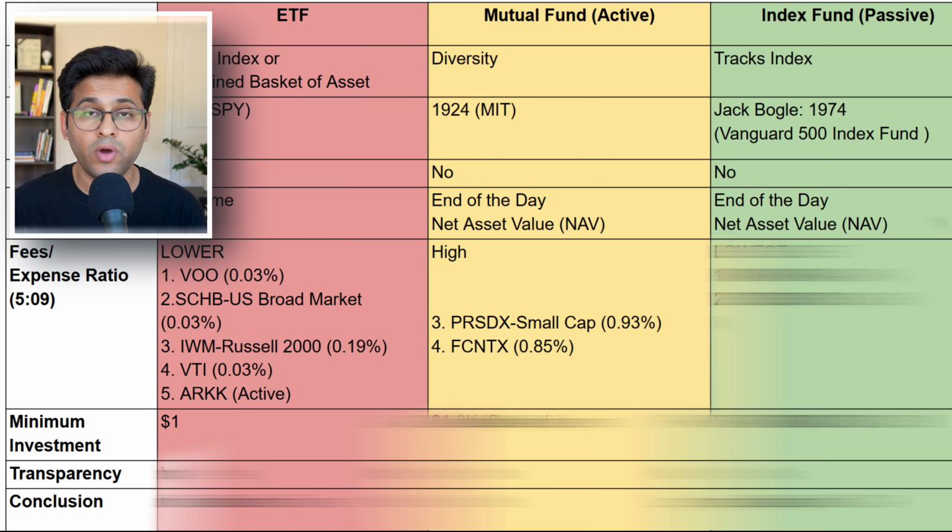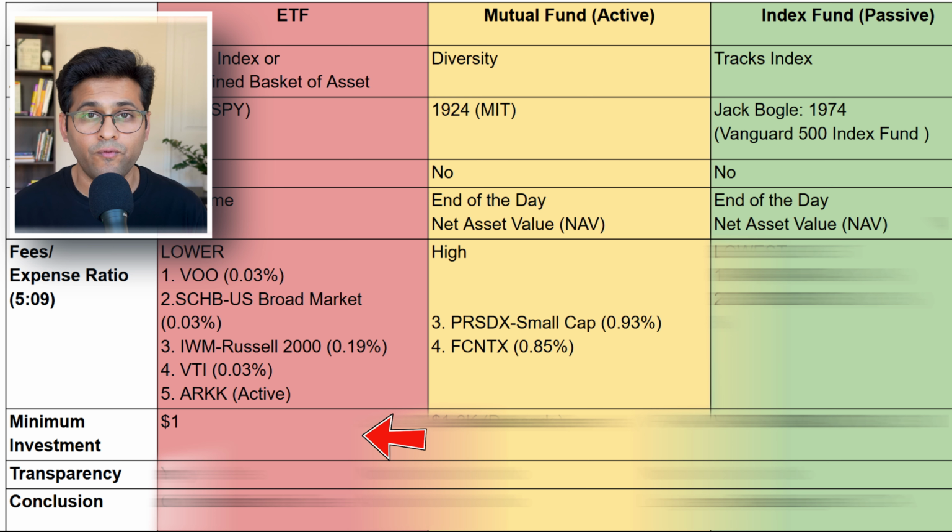Now, if you want to invest in any of these, let's find out if there are any minimum investment requirements. For ETFs, you can buy 1 unit of the ETF, and that's what was happening till now. But now there are more players in the market like Robinhood and other companies which offer you fractions of an ETF unit. So you can literally go and buy $1 worth of ETF if you want to.